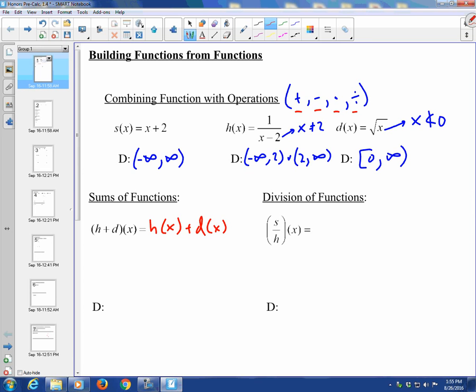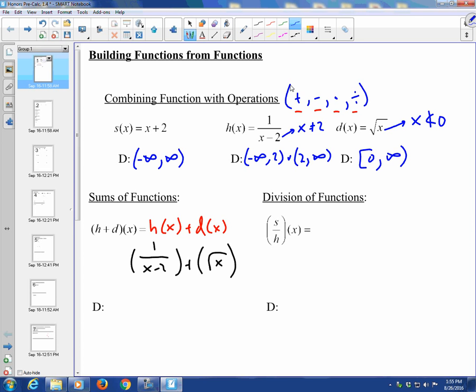What we're going to get then is the addition of the equation defining h of x, which is 1 over x minus 2, added to the equation that defines d of x, which is the square root of x.